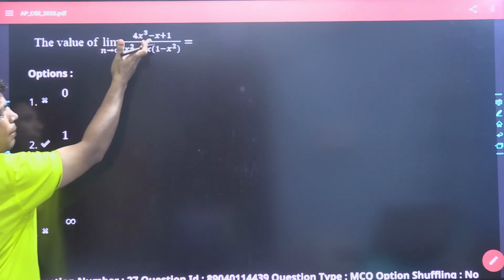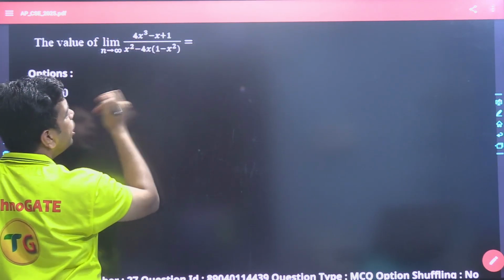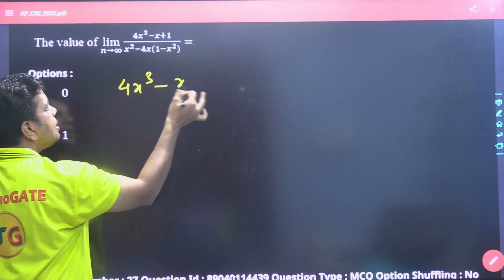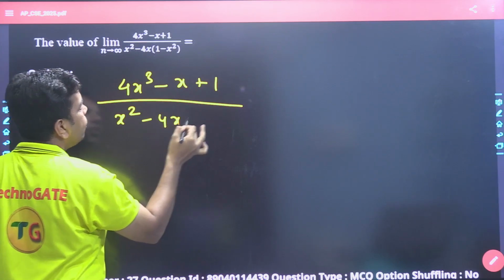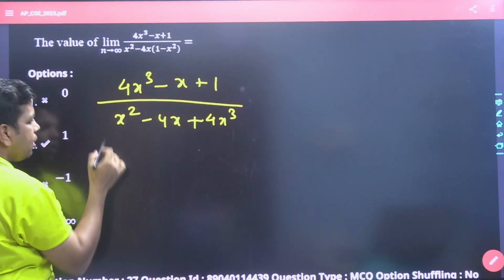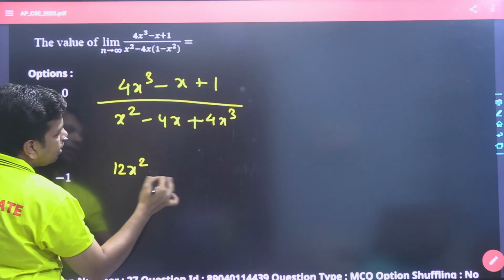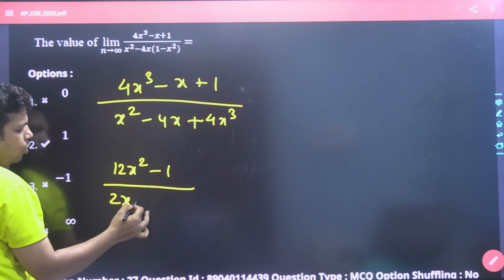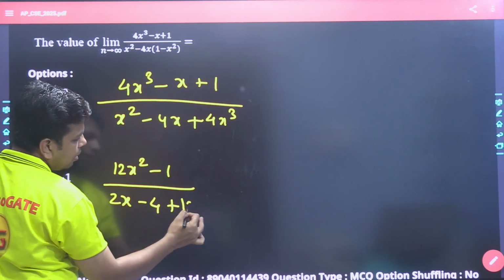So let's apply the L'Hospital rule and take the differentiation of the upper term divided by the differentiation of the lower term. When we differentiate, we get (12x square minus 1) divided by (2x minus 4 plus 12x square).